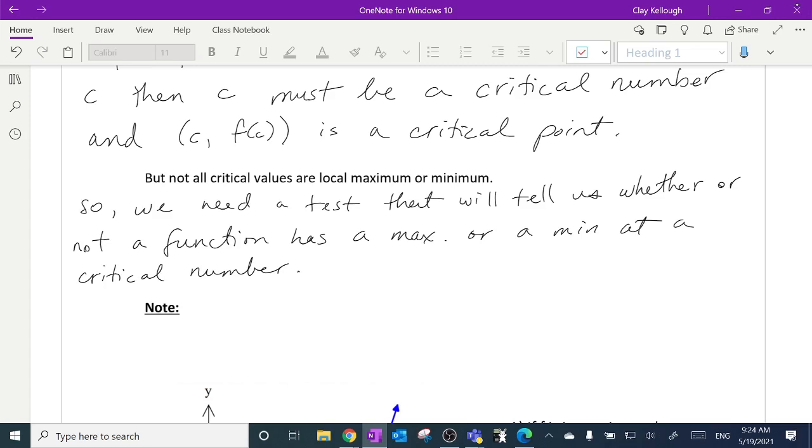And we call that test the first derivative test. Now, the first derivative test isn't just finding the first derivative. It's about finding the first derivative and then testing its intervals.